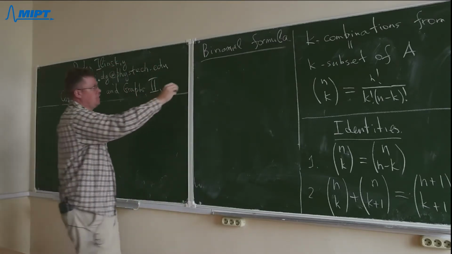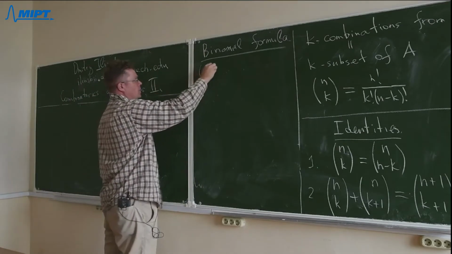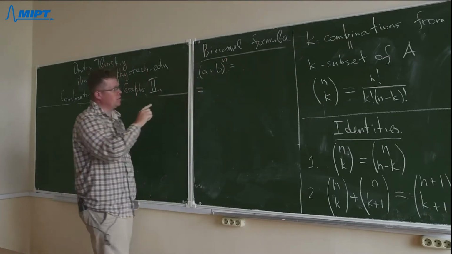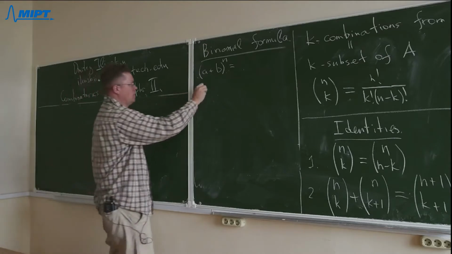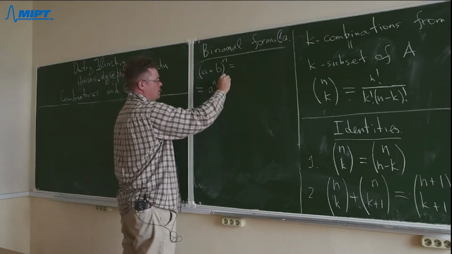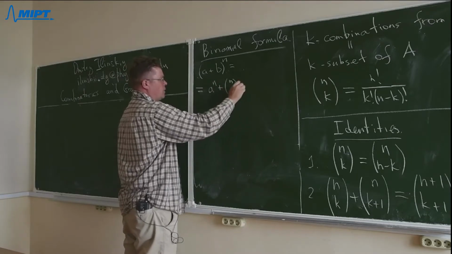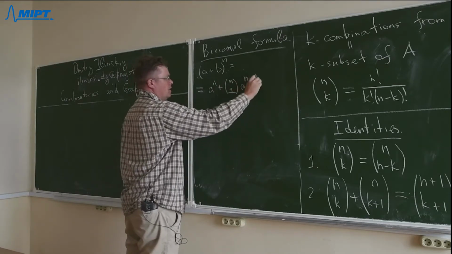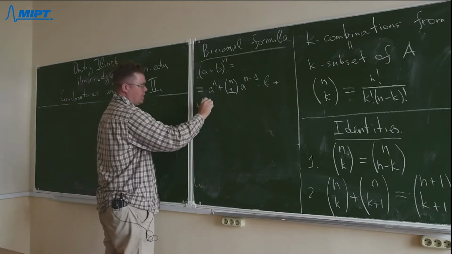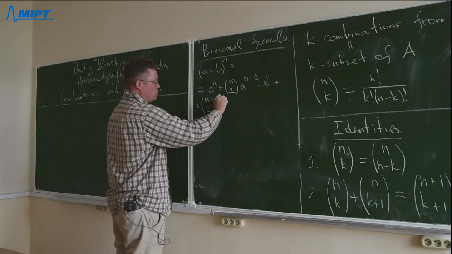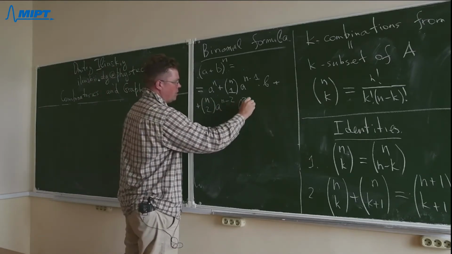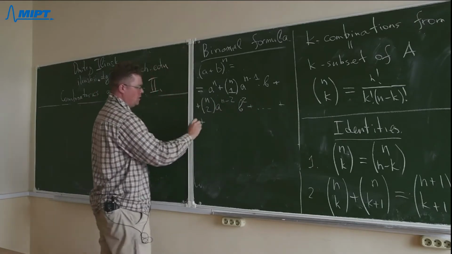Which states that if you take (a + b) to the power n, then we get a to the power n plus n choose 1 a to the power n minus 1 times b plus n choose 2 a to the power n minus 2 times b squared, and so on.